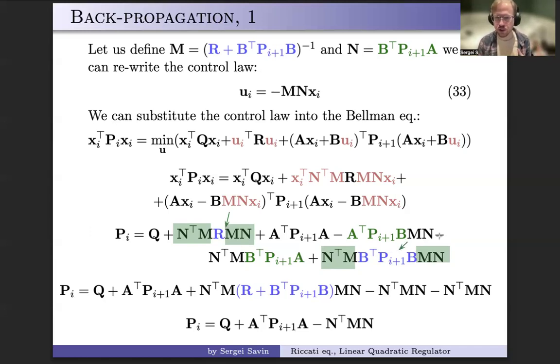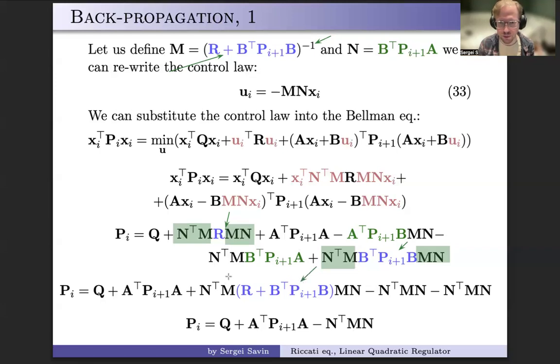So if we put n transpose m out of the brackets, we would get the same expression here, but surrounded by n transpose m on both sides. But notice there is an inverse. So basically, this expression is m inverse.